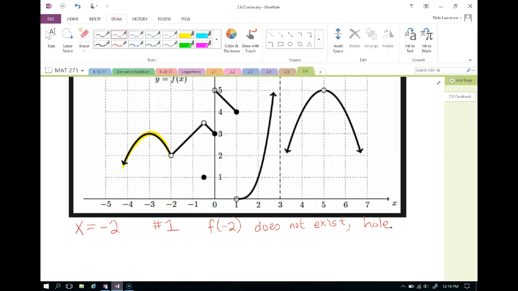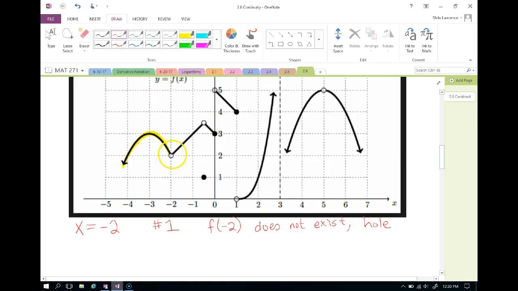The easy way from a graph to tell if it's continuous is if you can draw the entire graph without ever lifting your pencil. So if at any point when you're drawing, you have to lift your pencil to move it to another spot, that means you have gotten to a point where there's a discontinuity.